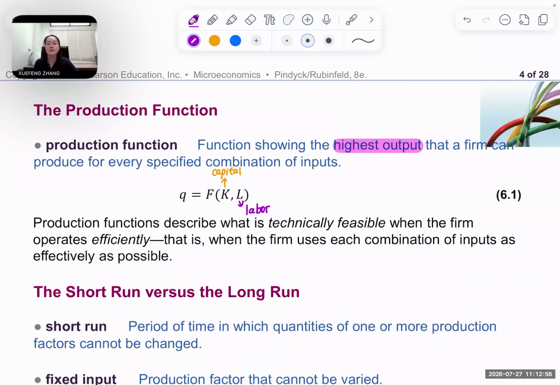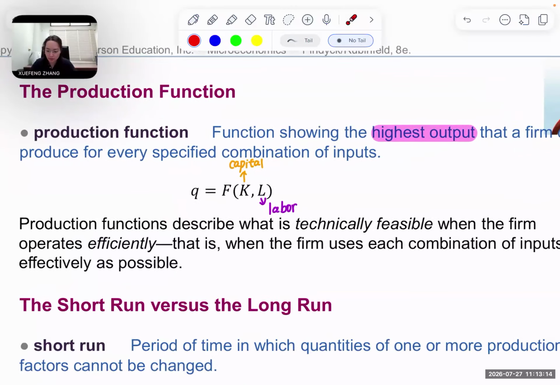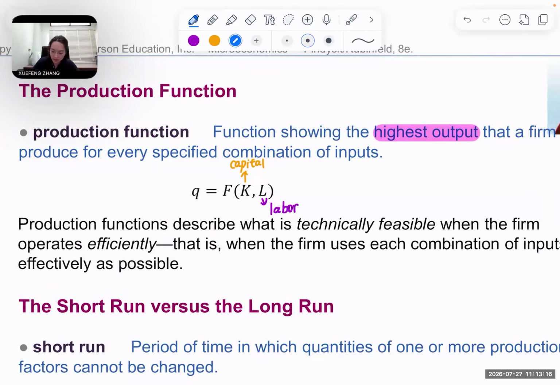All right. So in plain words, it means that if you give me this much of capital, which is K, and this much of labor, which is L, here is the maximum output Q you can produce. All right, so Q is the maximum output.